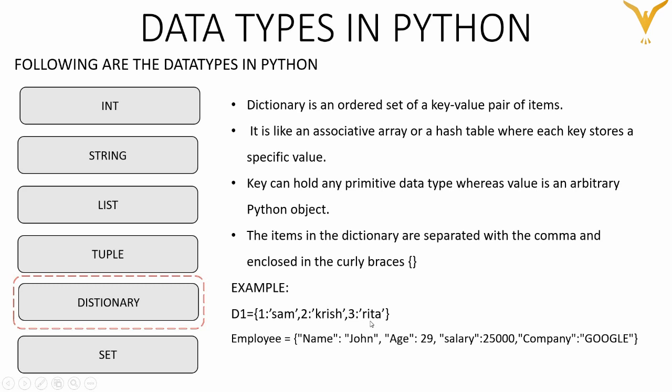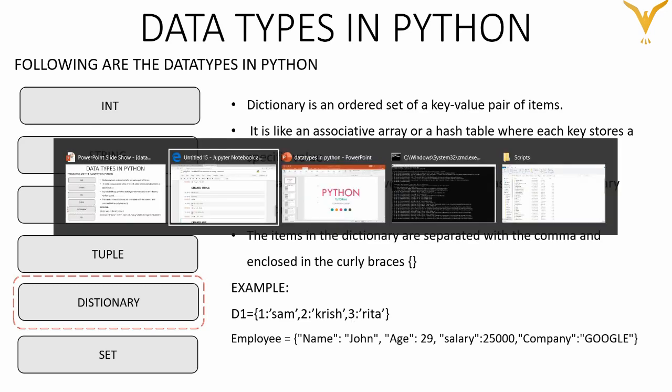Then 3 is a key and then we have the value Rita. Clear with this? Okay, so here in dictionary we are storing the value using key value pairs. Second thing, whatever key we are using, that key should be unique. You cannot use a duplicate key to store the values. Now let's see the example for this.